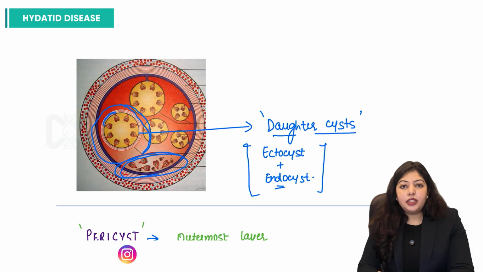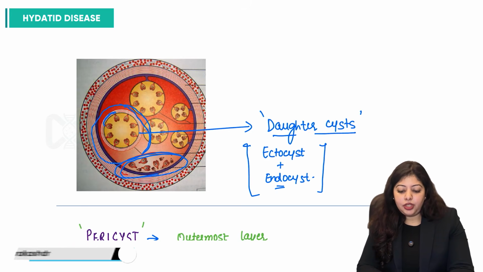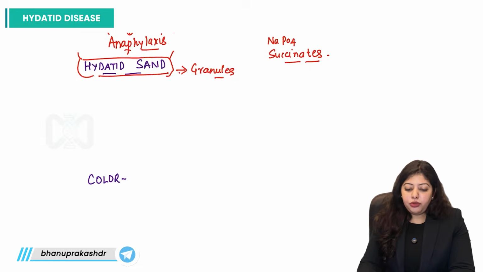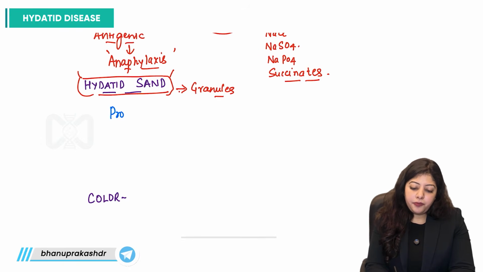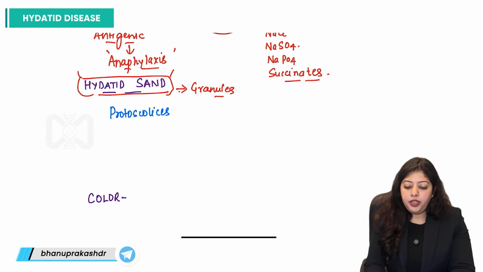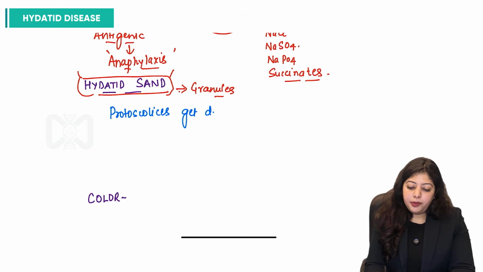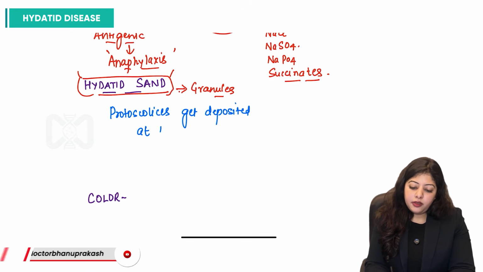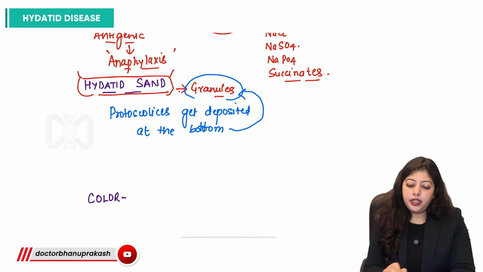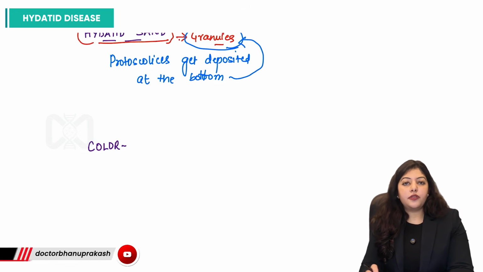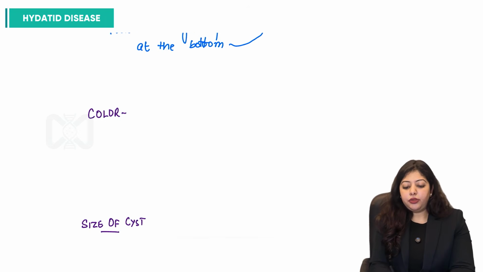So these will be seen as granules under the radiological images. So it is the protoscolices which are getting deposited at the bottom as granules, right?